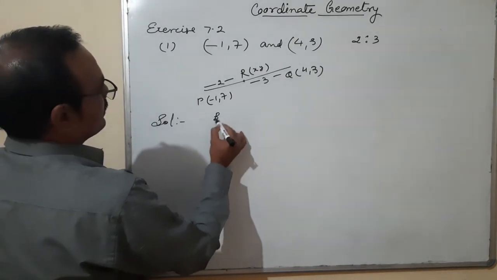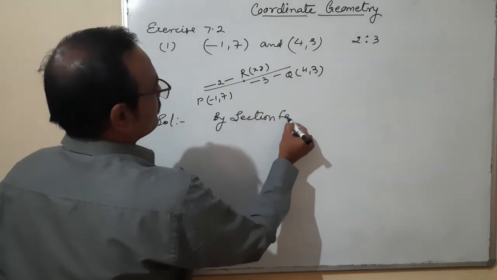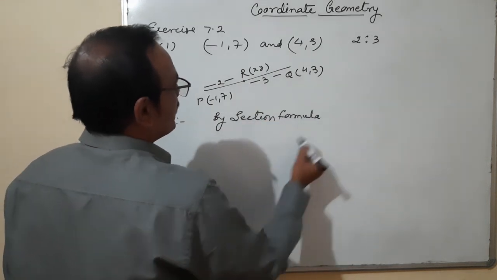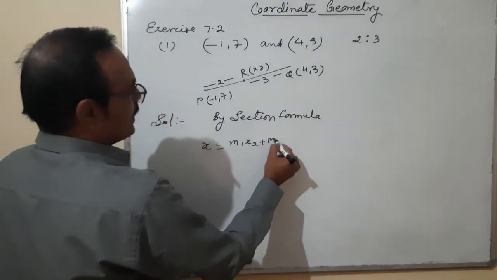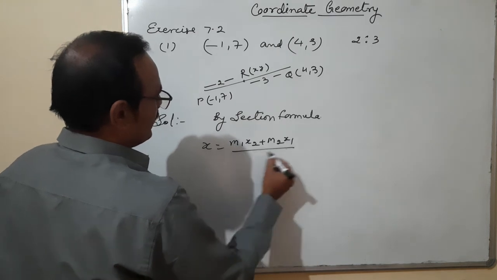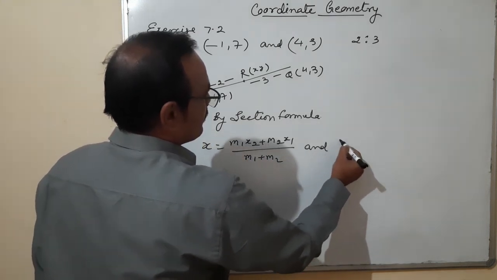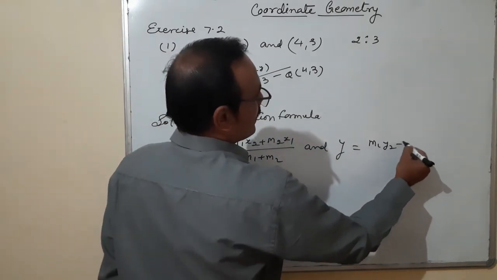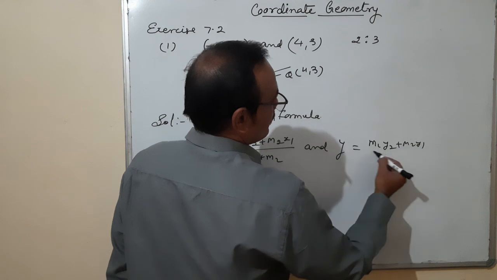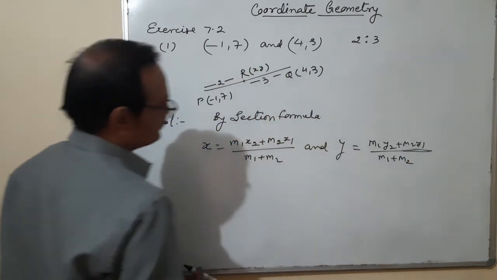By the section formula, x is equal to (m1 x2 plus m2 x1) upon (m1 plus m2), and y is equal to (m1 y2 plus m2 y1) upon (m1 plus m2). That is the section formula.